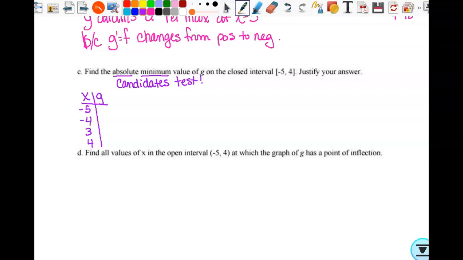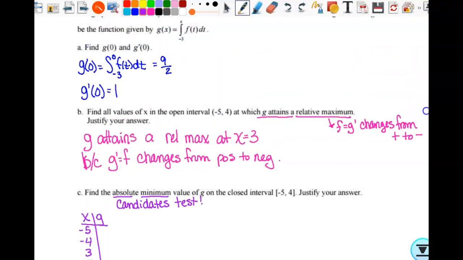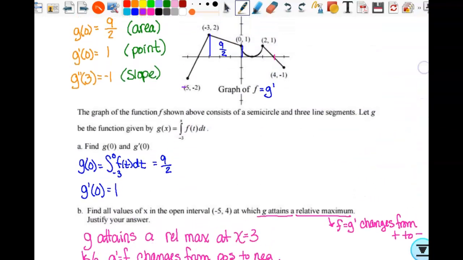Okay. Let's see. Do we know these things? G of, we don't know that one. So g of negative 5. Remember, this is where we get g from. G of negative 5 is the integral from negative 3 to negative 5. Probably should have found these areas and we didn't, so let's do that real quick.